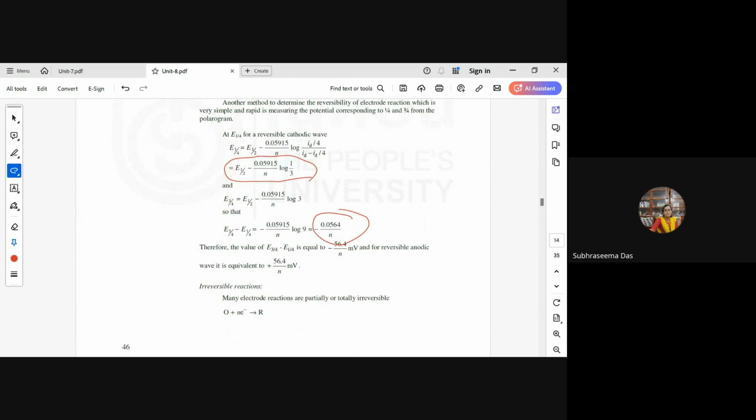Therefore, the value of E3 by 4 minus E1 by 4 is equal to minus 56.4 by n millivolt for the cathodic wave, and for a reversible anodic wave it is plus 56.4 by n millivolt.